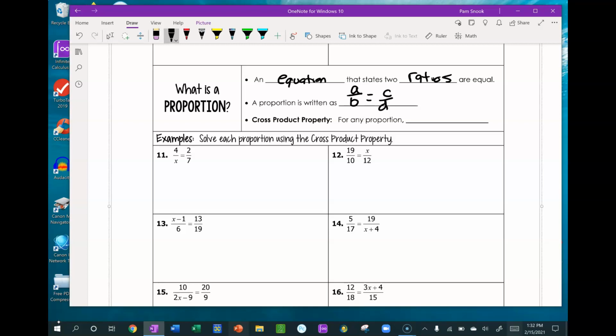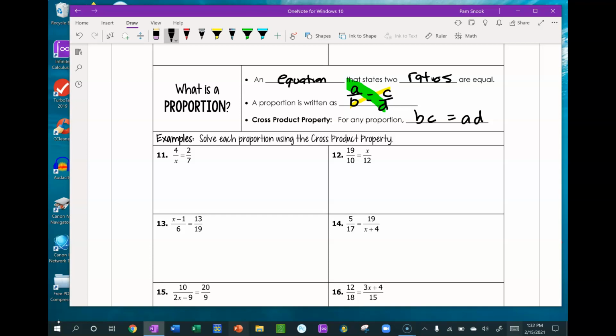So I'm going to say B times C, bottom times top. And you're going to set that equal to bottom times top, or A times D. So bottom times top equals bottom times top. And that's the cross product property. Sometimes I'll say crisscross crash.